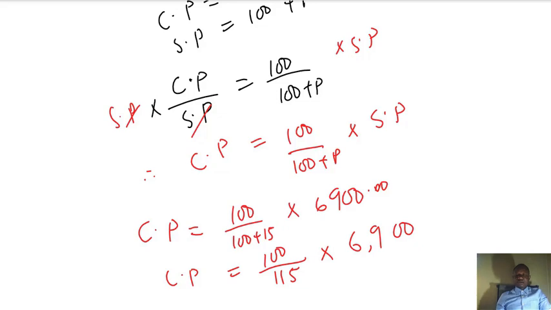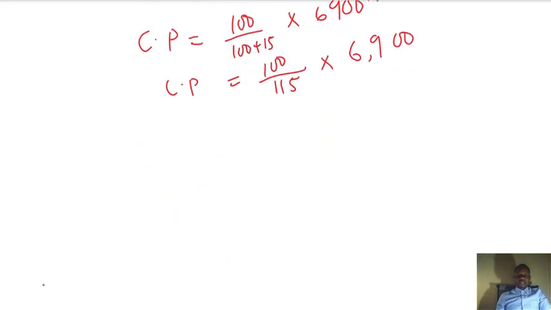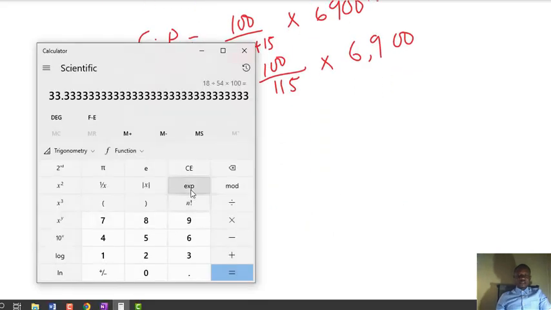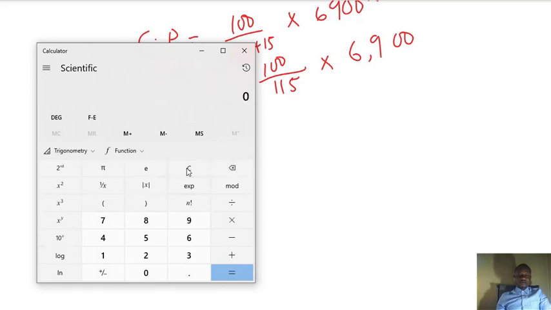Okay, so here let's bring our calculator and see what we are going to get. So we have 100 divided by 115 times 6,900. So we have it to be 6,000.